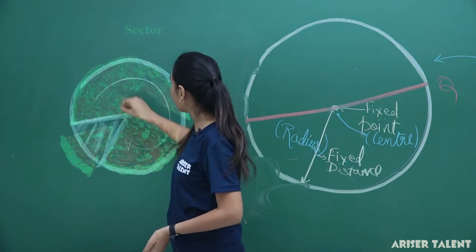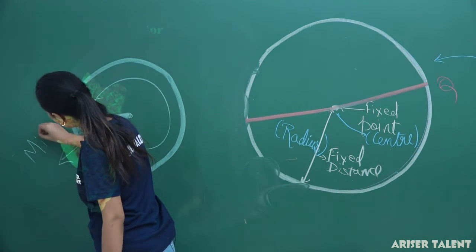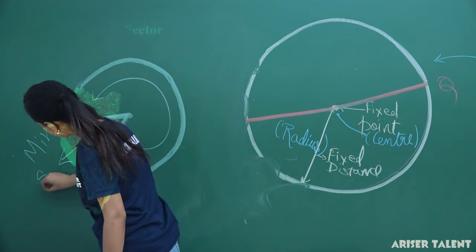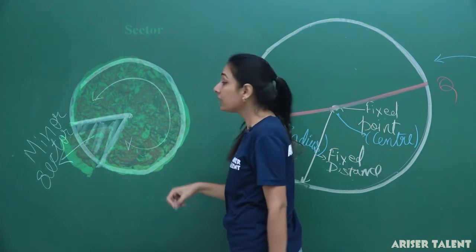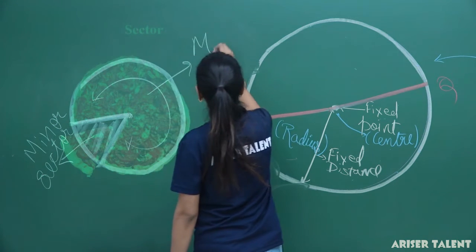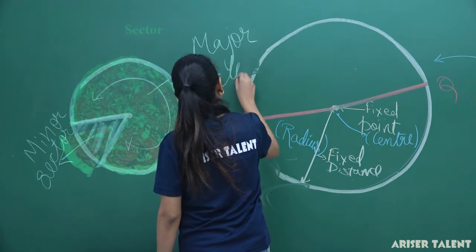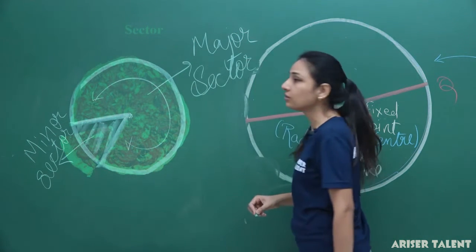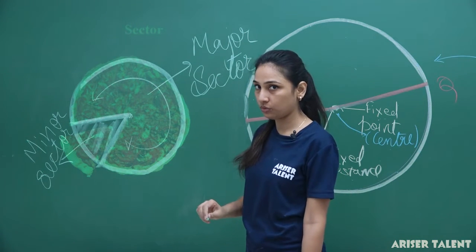Now, similarly, this is the remaining one. So that will be the minor sector, and the remaining part of the pizza will be the major sector. So, what will you offer to your friends? To take a sector of pizza.